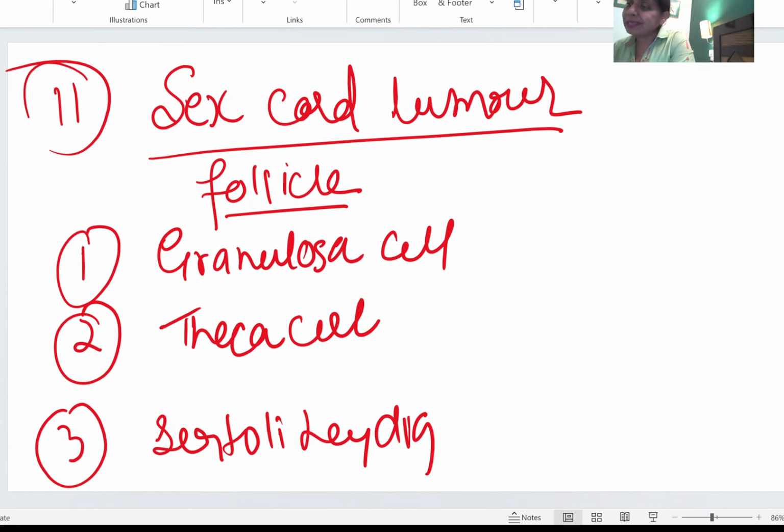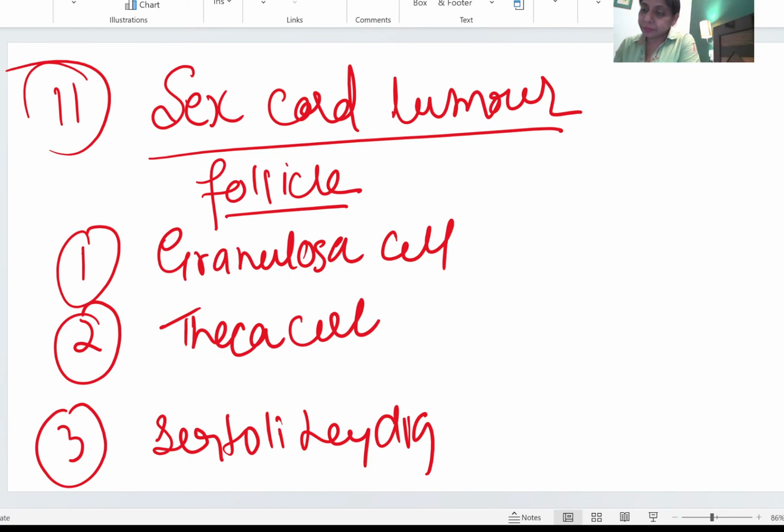Now you know that Leydig cells make testosterone. When a Sertoli-Leydig cell tumor is there, then masculinization of the female will occur, right? If testosterone is produced in a female, and that too at a tumorous, much higher value, then masculinization of the female will occur. Okay, that tumor is known as arrhenoblastoma. Arrhenoblastoma means changing the sex of someone, male changing to female, female changing to male.